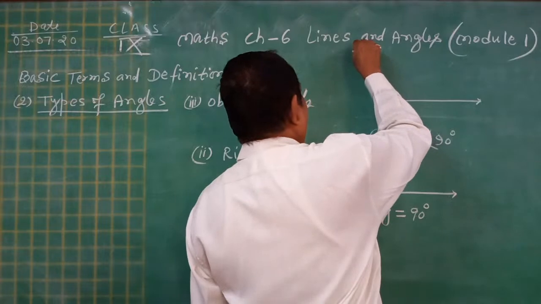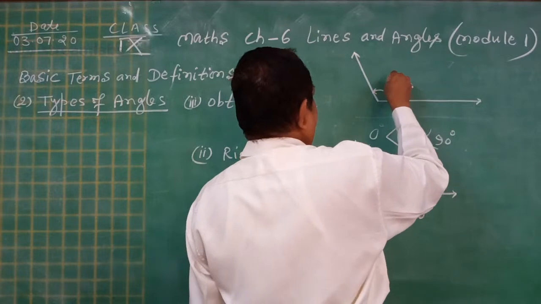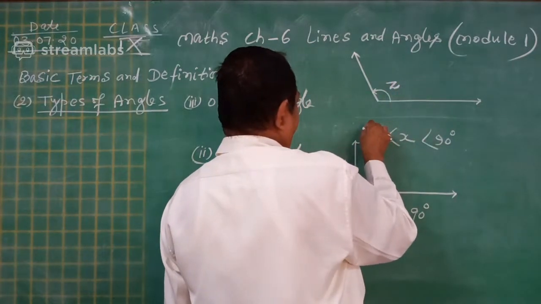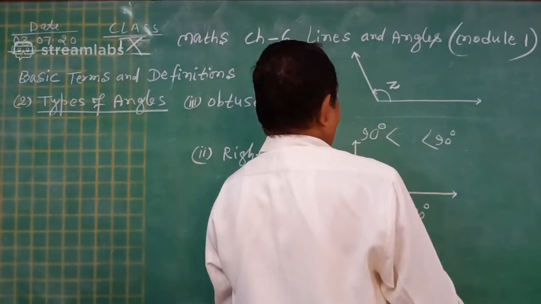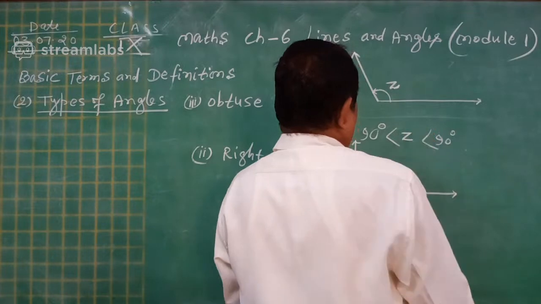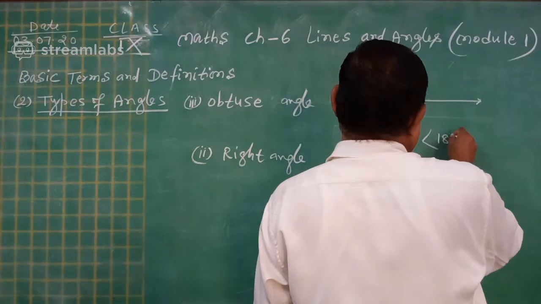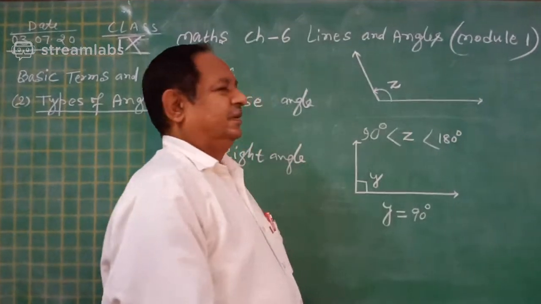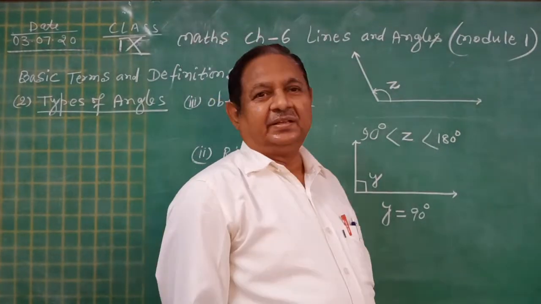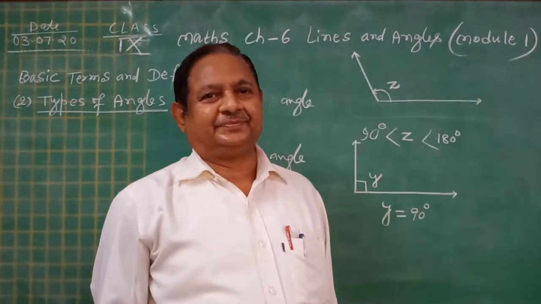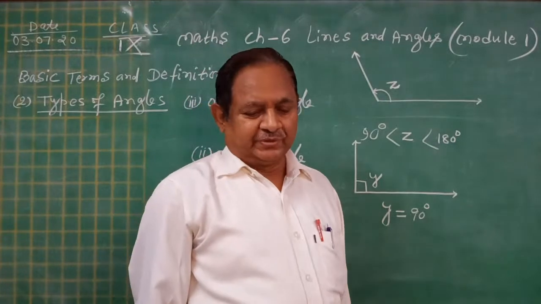Such type of angle, say Z. So 90 degree is less than Z, less than 180 degrees. When the measurement of an angle is greater than 90 degree but less than 180 degree, it is called obtuse angle.